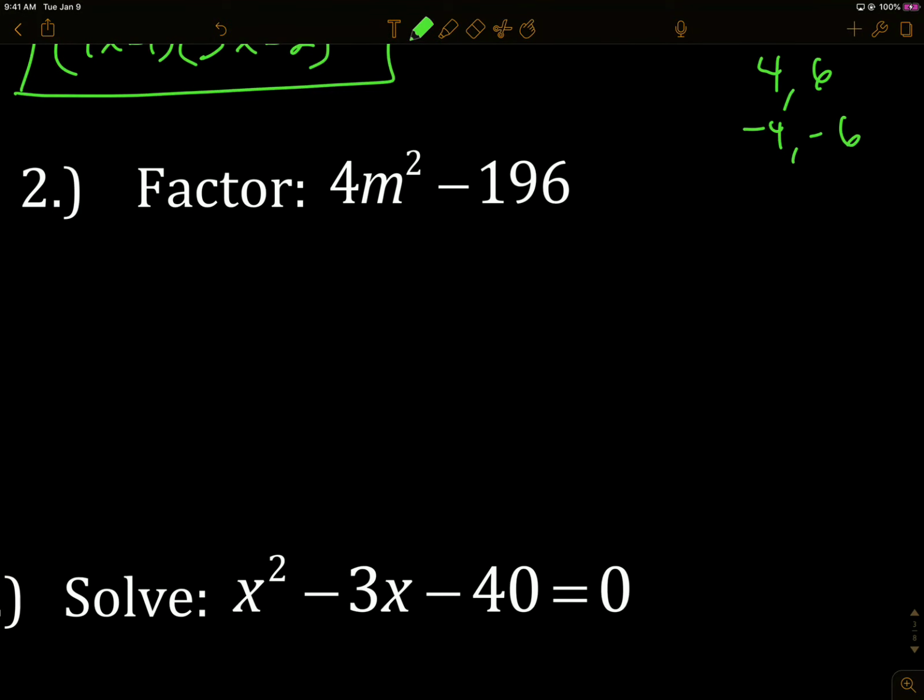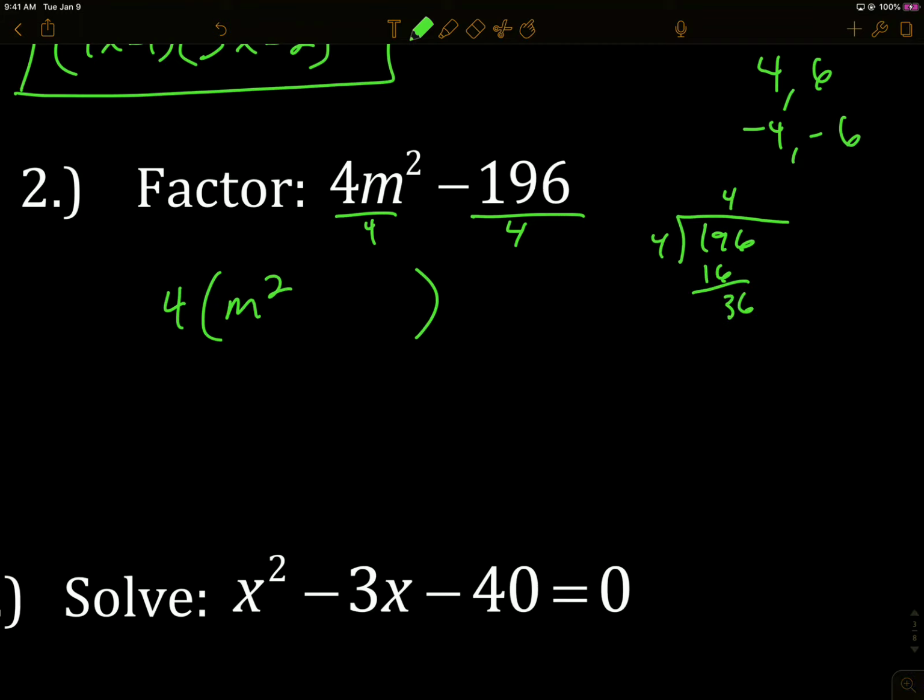Okay, number 2, I'm looking for a common factor. I've got 2 terms. It looks like 4 is going to be common. So if I divide by 4, I get m squared. And then 196 divided by 4 is 49. And now I can go further here.